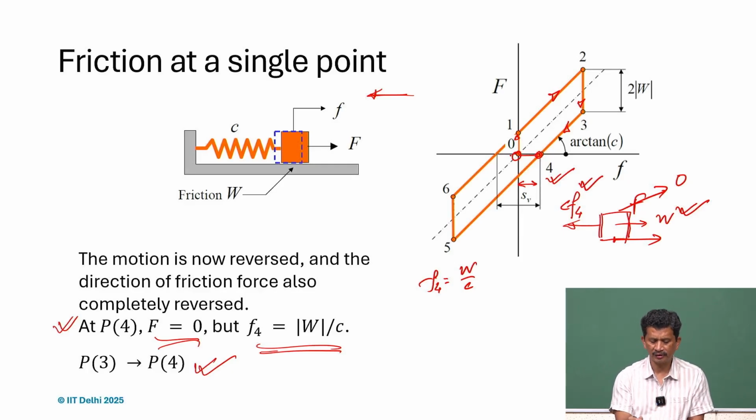So when we started from 0, then we went up, and then 2, 3, and then although force is 0, there is still some deflection, which is F4. So that is from position 3 to position 4.